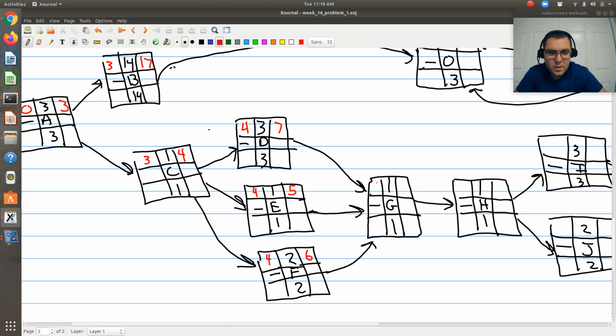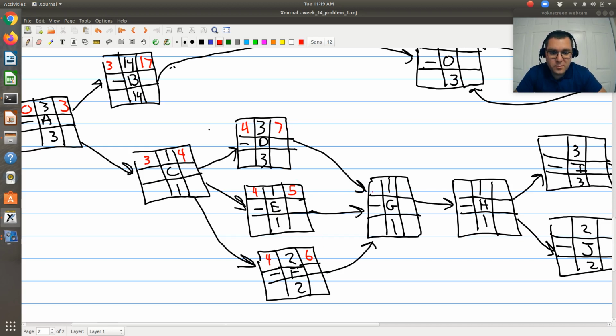Now G. Okay, so G has a precedence of D, E, and F. So G is going to be held up by the activity that finishes last. D finishes at 7. I think it's days. So D finishes on day 7, E on day 5, and F on day 6.